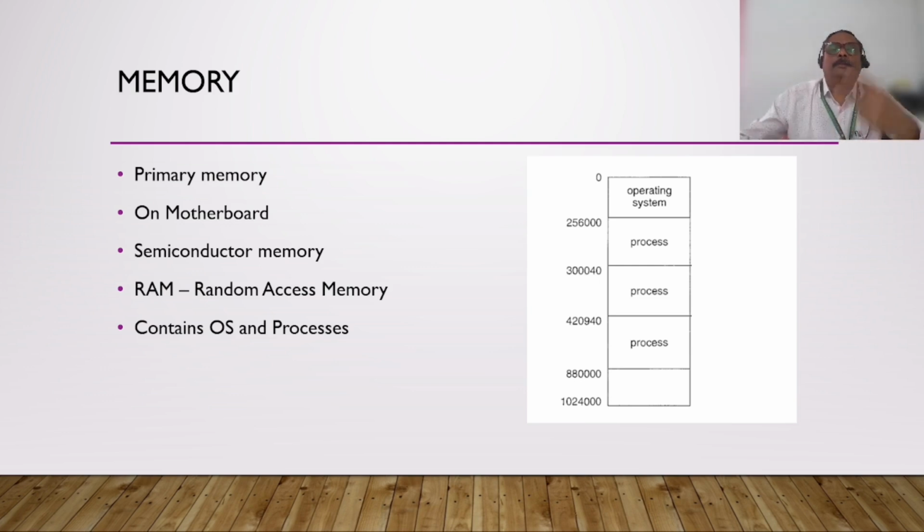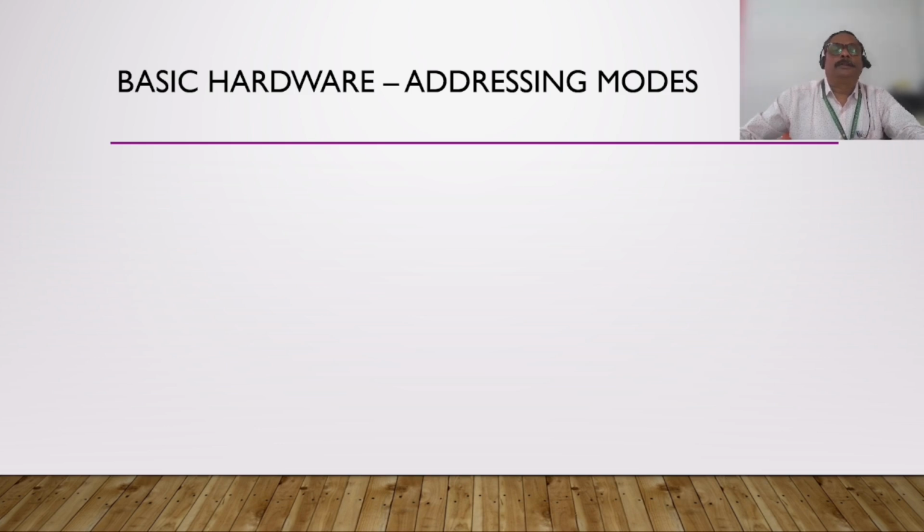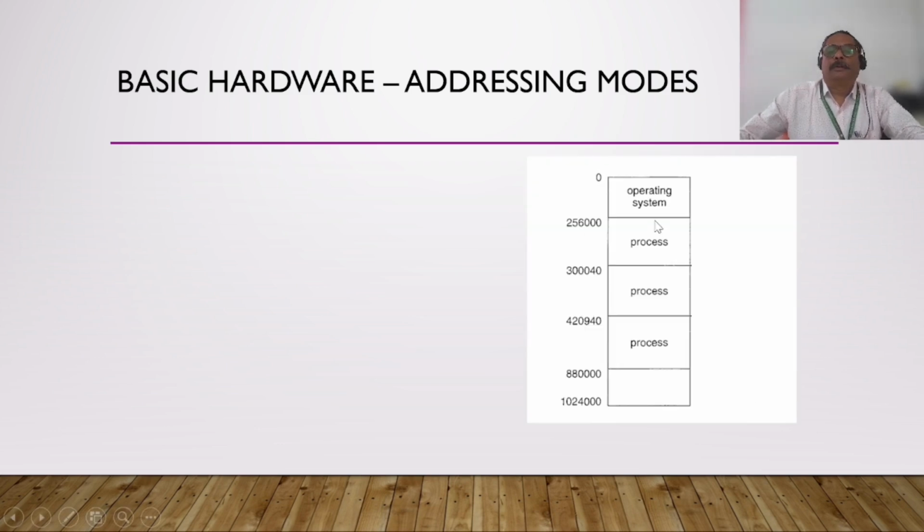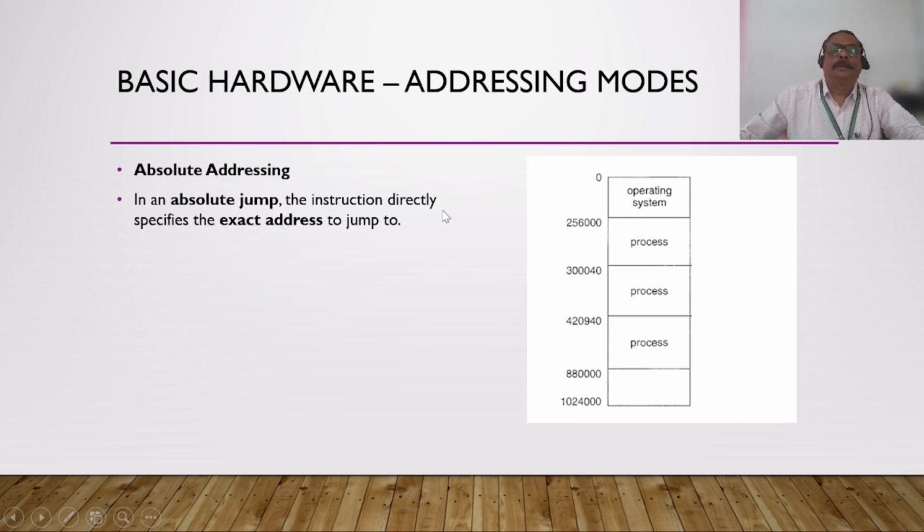addressing. So there are basically two addressing modes, to make sure that your process is located at the right place. One we call absolute addressing, where the instruction directly specifies where to go.